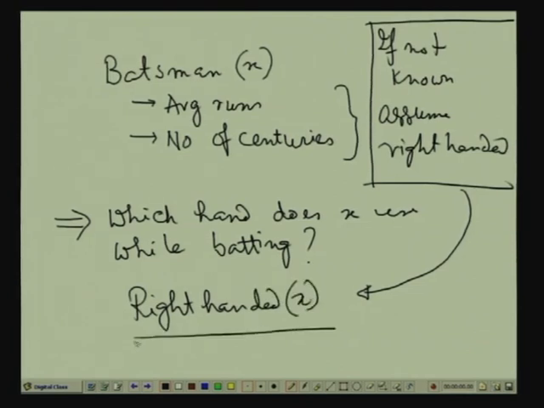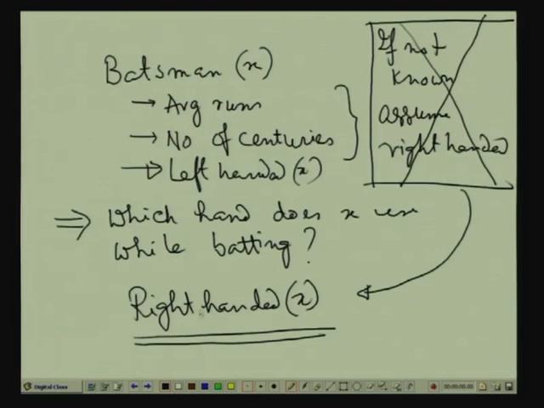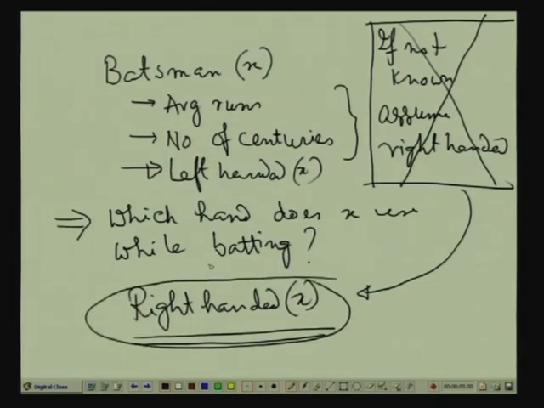However, this may not be true, but this is the default reasoning that we do, because if it is said left handed X, then obviously this information which is present will override this default, and the default will not be holding any longer.